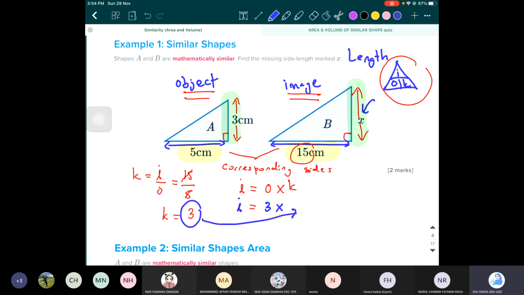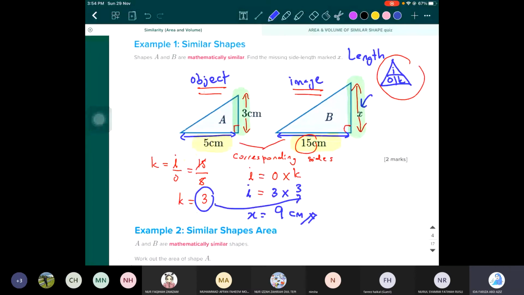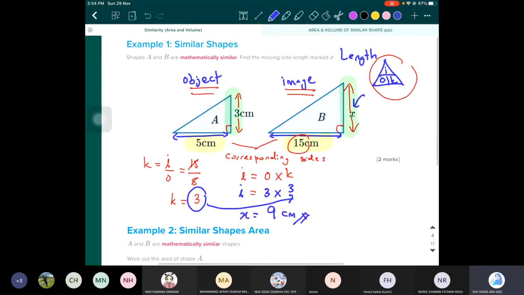So 3 times 3 which is 9 centimeter. That's our answer. X is 9 centimeter. Dan, okay, siaplah. Contoh kalau nak compare length. Let's moving on.